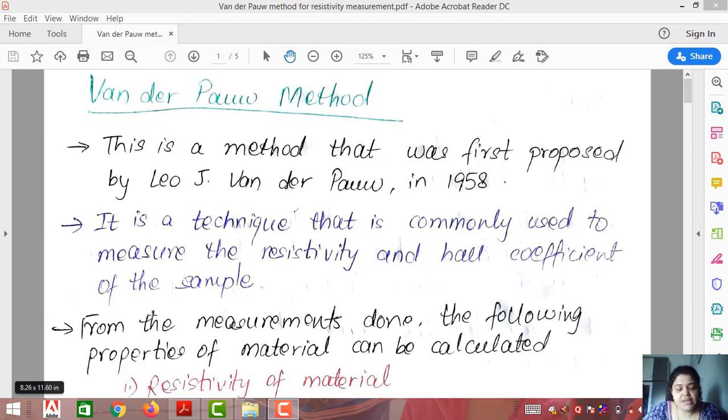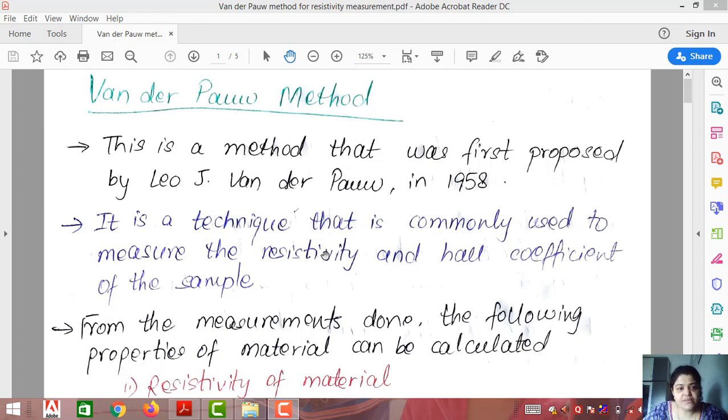This method is divided mainly into two categories. One involves the presence of a magnetic field and the other is without the use of a magnetic field. When we measure the resistivity of any semiconductor sample, we will not be considering the magnetic field.